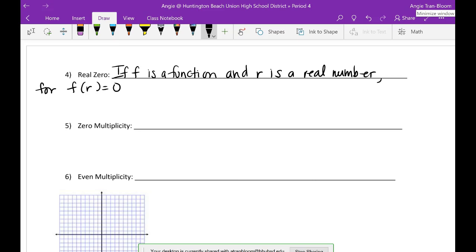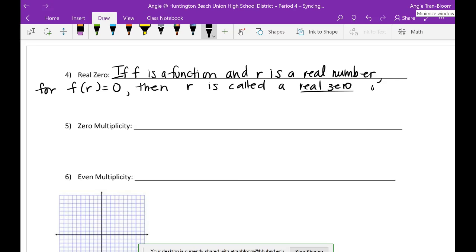So if f is a function and r is any real number, f of r equals 0, so that happens. Then r is called a real zero of f. We're going to write some more, and then let's talk about this first.